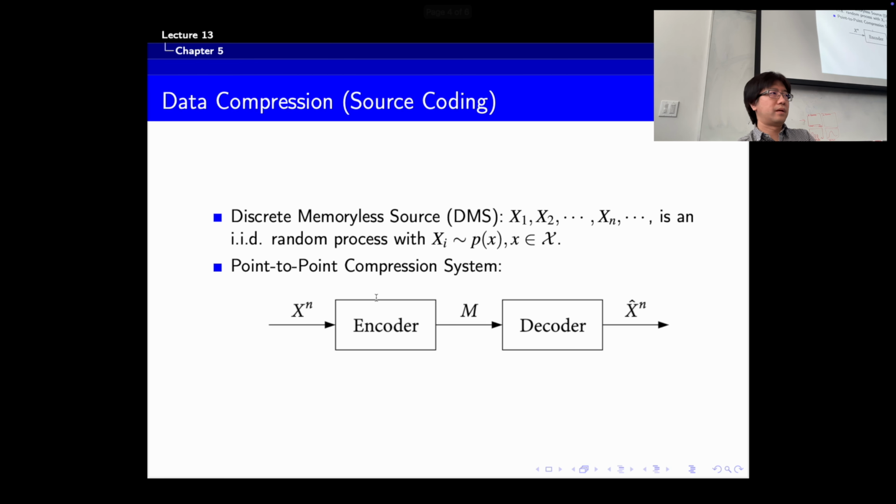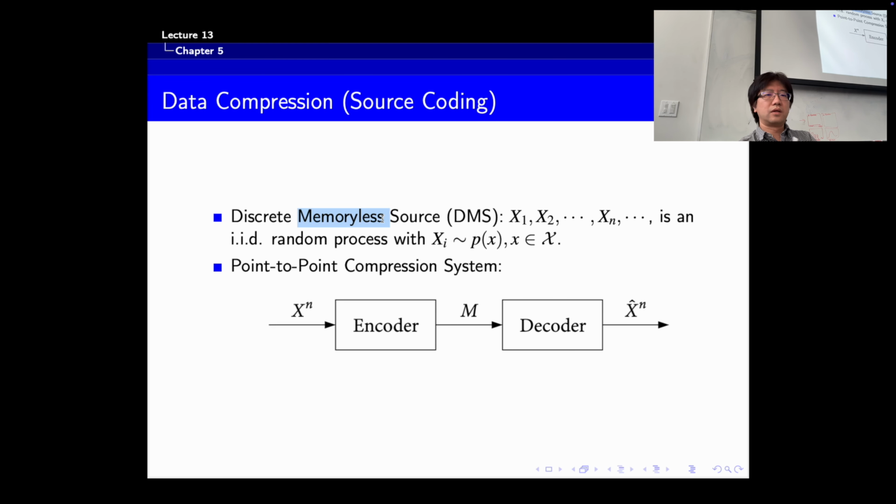And then we started talking about data compression, right? For data compression or source coding, again we consider a DMS, a discrete memoryless source, right? Later on, we're going to remove the memoryless condition. We consider sources with memory, and we'll see how to deal with that, okay?